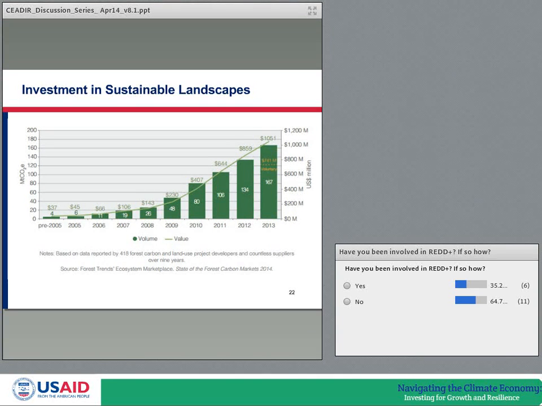So I don't want anyone to read into this that this is what's been invested in sustainable land use, but rather their returns from selling the credits that have materialized from the investment.